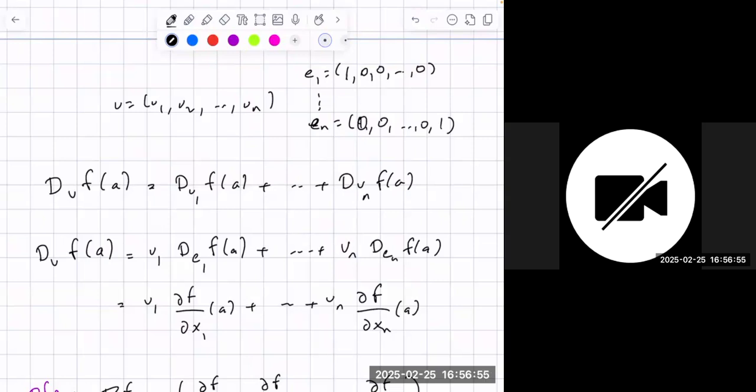Then I can take this V and split it up in terms of these bases. Since the derivative goes very nicely, I'll split up its derivative in terms of every single basis element.